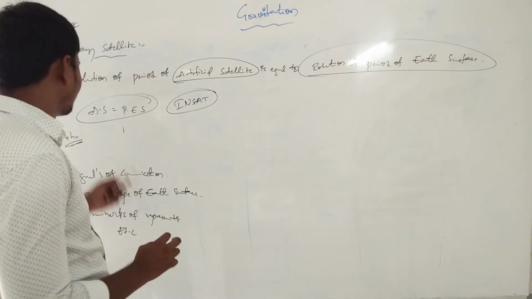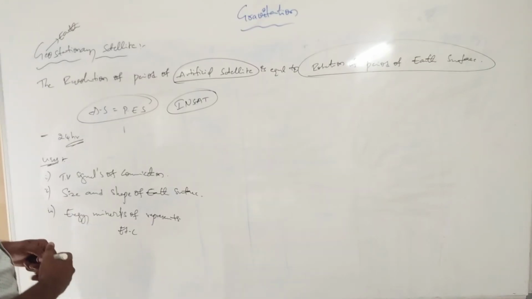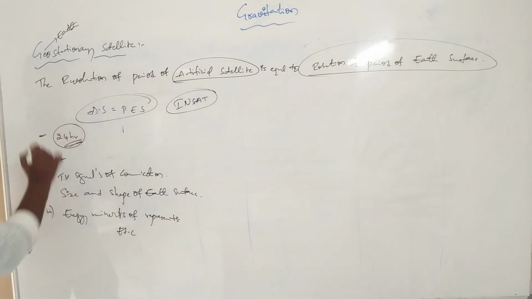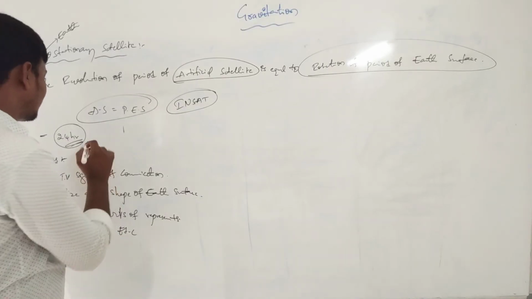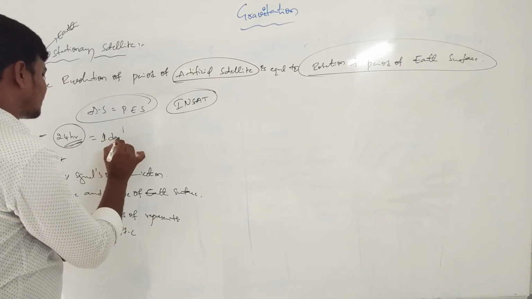Every geostationary satellite is always 24 hours. How many hours? 24 hours, which equals 1 day.